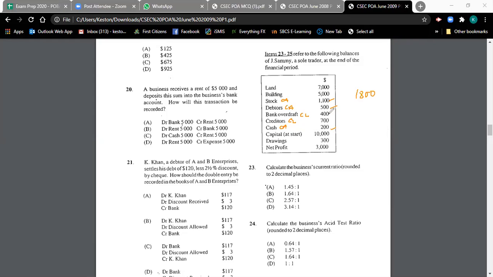And then this is 1100. So check that. We get an answer. 1 point how much? So we know C and D out. Yep, that's correct. 1.64.